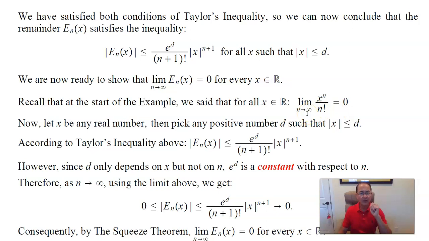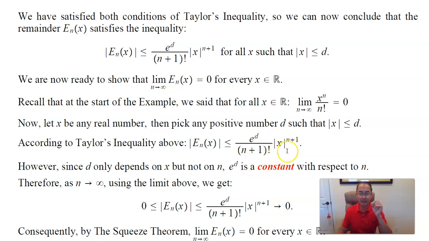So given any x now, pick a positive number d so that absolute value of x is less than or equal to d, then we have this error bound satisfied. But now as we go to infinity, that e to the d does not depend on n. It's just a constant. So this factor remains constant. This factor is going to go to 0.